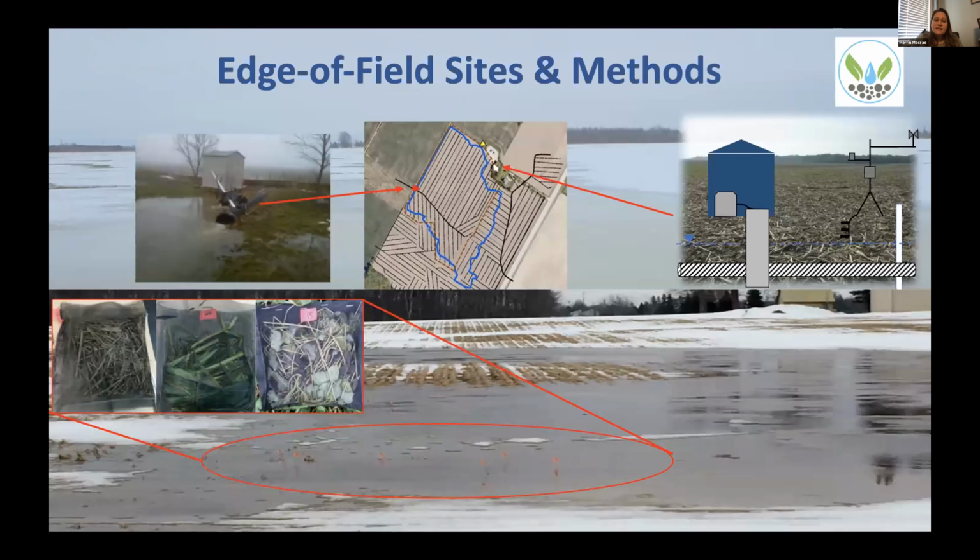Both of these experimental studies were coupled with a field component. Tatiana Lozier had litter bags out in the field that she retrieved throughout the winter and extracted to determine how much water extractable phosphorus was left in them. At the same time, she measured edge of field losses both in the surface and in the subsurface.